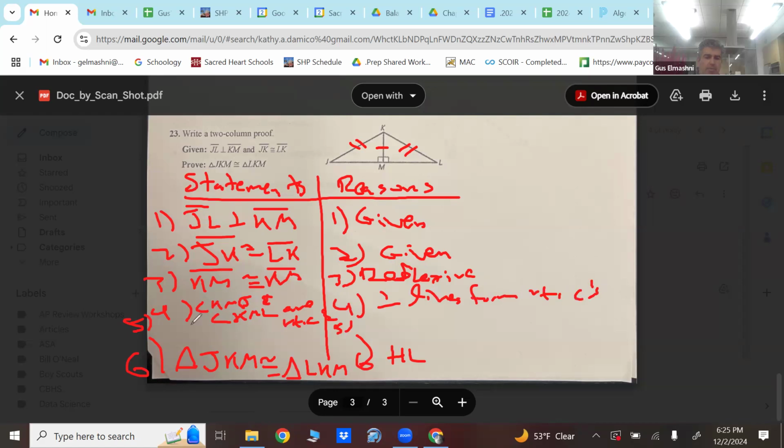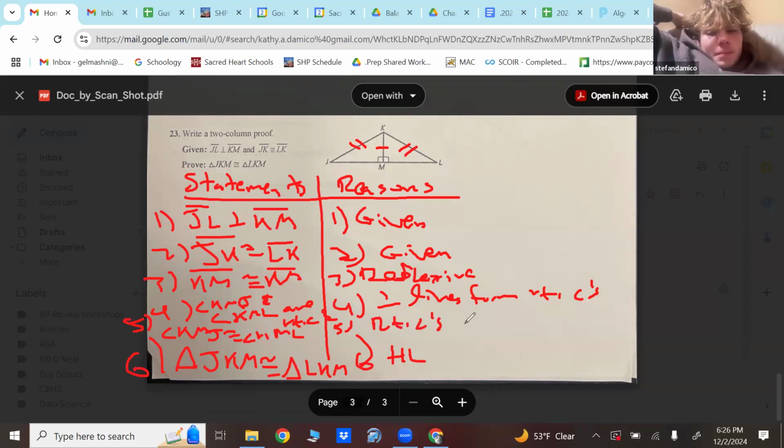And again they're the same, and that's because right angles are congruent. And voila, there we go, we got it. All right, sounds good. So that's how you do the proof.